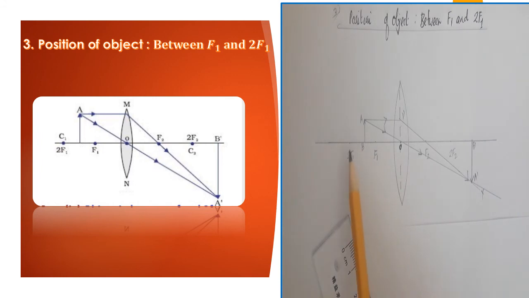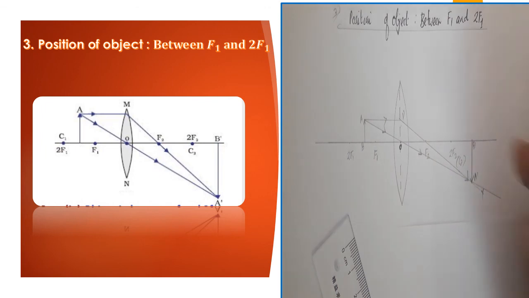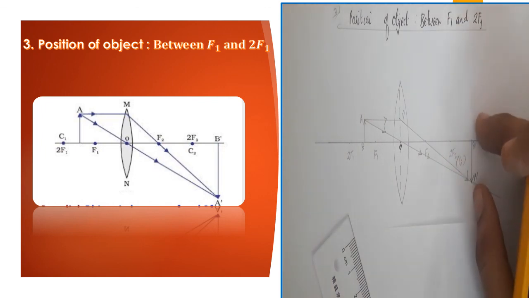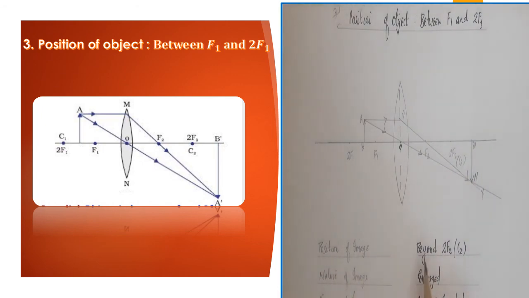So when we kept the object between F1 and 2F1, we got an inverted, that is real, image beyond 2F2 or beyond C2, and it's an enlarged image. Check it. So position of the image beyond C2 or beyond 2F2, size of the image enlarged, nature of the image real and inverted.